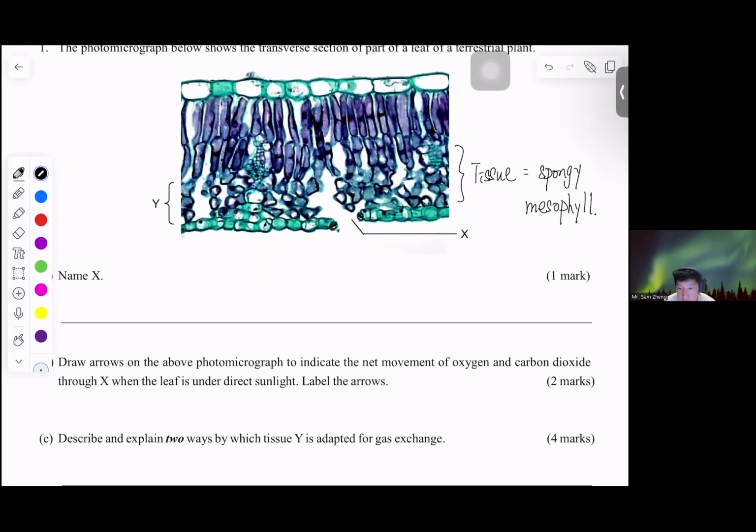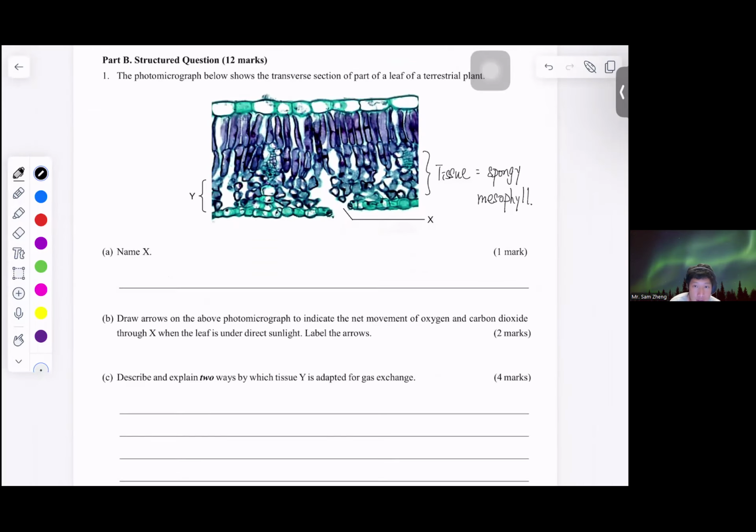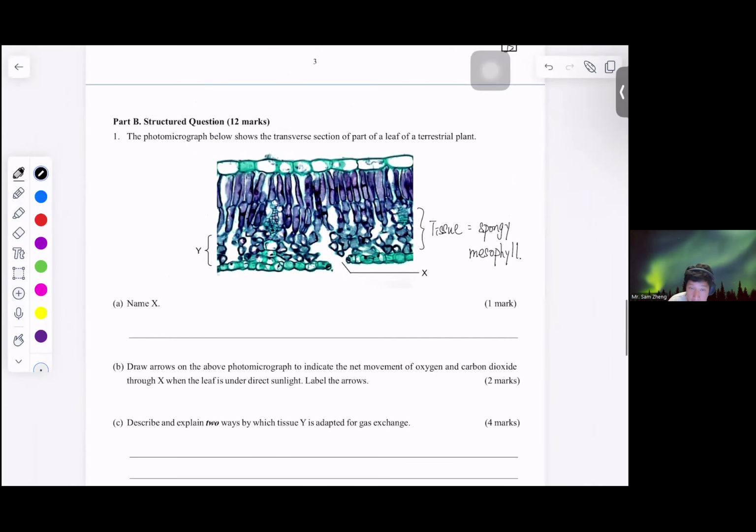Now, let us quickly have a look at the structure X. For X here, it is a space. This space is very special because it can be controlled by the guard cells, which are here. This is the guard cell. So therefore, it would be the stomata, or stoma. Stoma or stomata, both are correct.